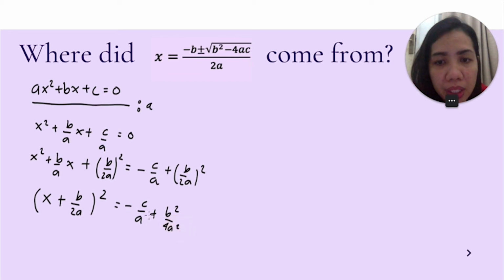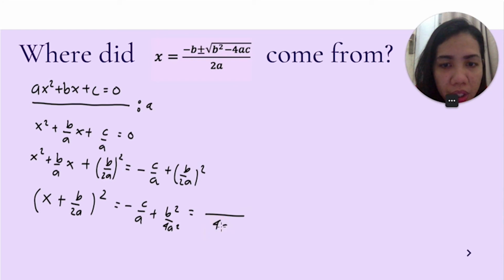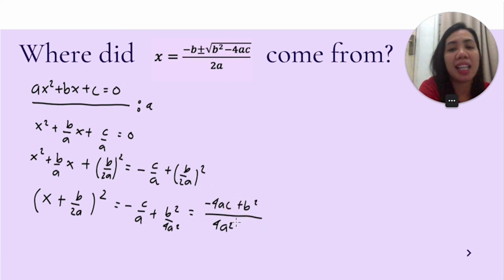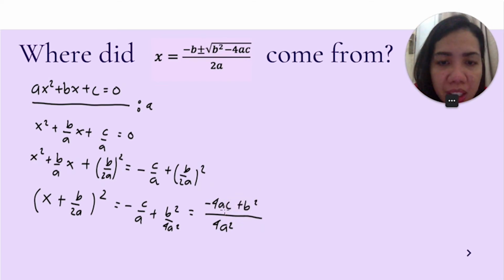Later on we're gonna multiply this denominator and numerator by 4a, so that we have the common denominator, over 4a squared. We multiply this by 4a, so here we have minus 4ac, and then plus b squared. It is a familiar form like we have here.